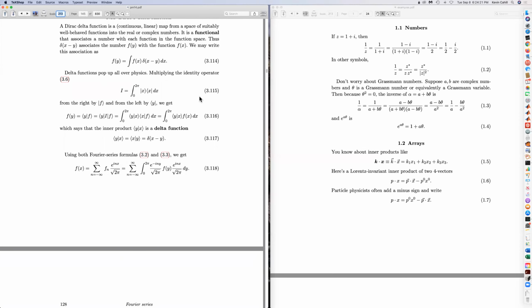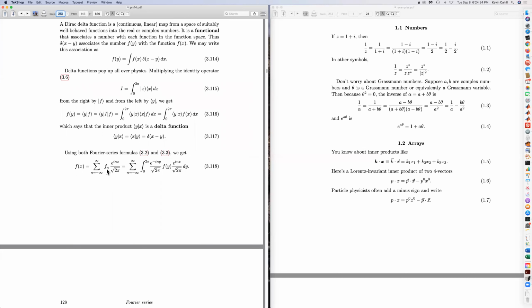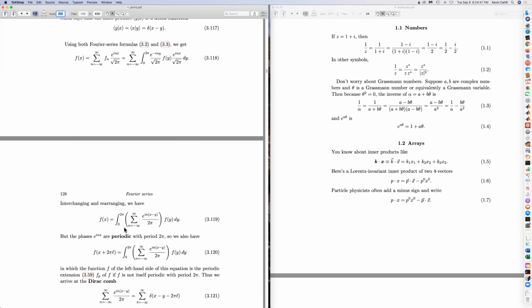And if we now use the Fourier series formulas 3.2 and 3.3 to write f of x as its Fourier series, and then write each f_n as the inverse Fourier transform of the function f of x, which is then this infinite series, what we get is this expression, namely the function f of x is this big sum times f of y when you integrate from 0 to pi over 2.